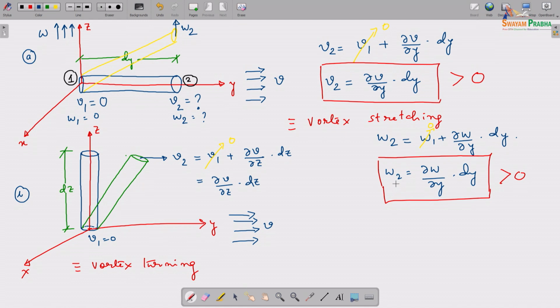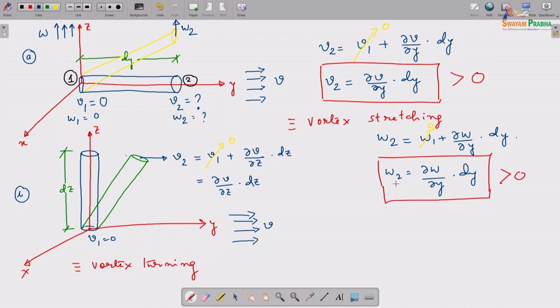If I take a fluid element in the y direction, then the W component of the velocity, which is perpendicular to the axis on which this fluid element exists, is going to cause a turning if I have a net W2 at the far end of the fluid element that I am considering.